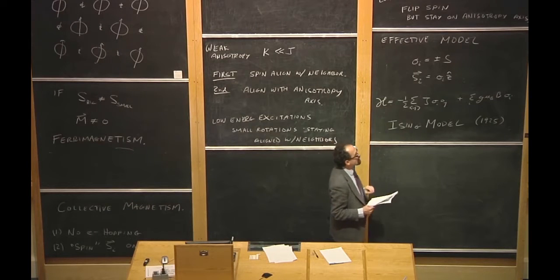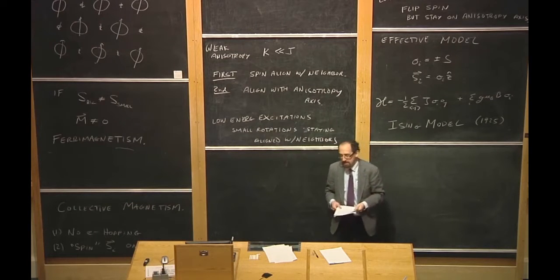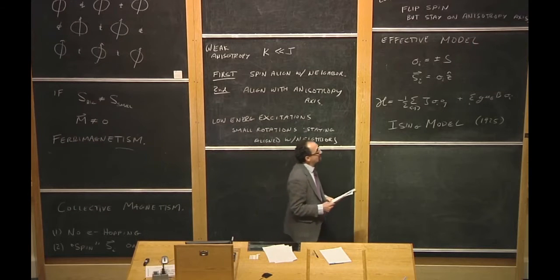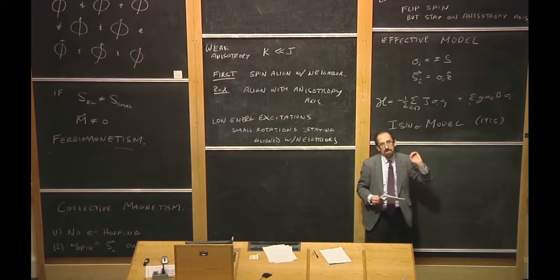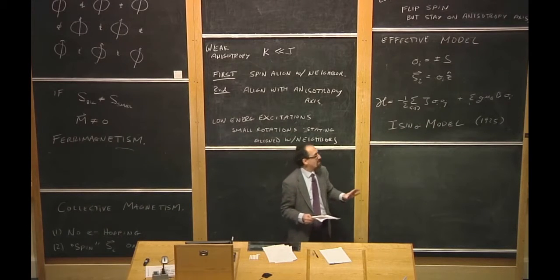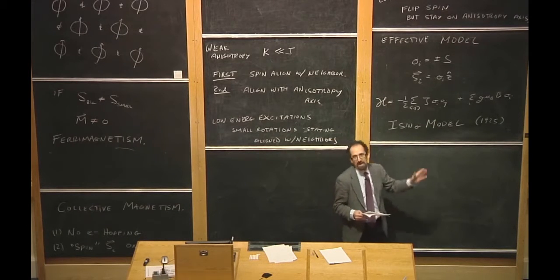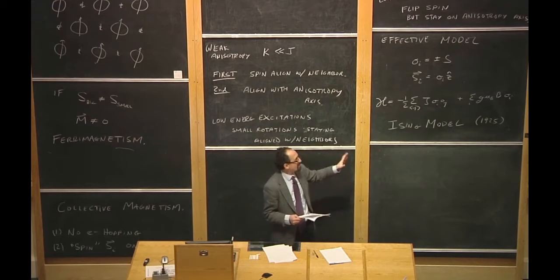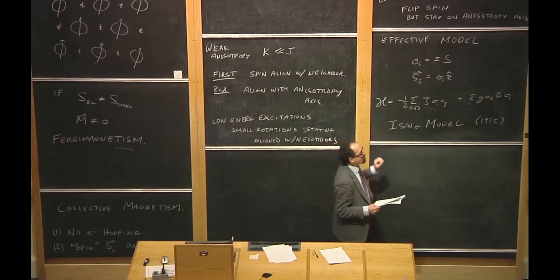So Ising solved this model in 1925 in one dimension. During World War II, Onsager very famously managed to solve it without magnetic field in 2 dimensions. No one has solved the model either in 2 dimensions with a magnetic field or in 3 dimensions or any higher dimension since then. So it's been a lot of study. Thousands and thousands of papers have been written about this model since then.